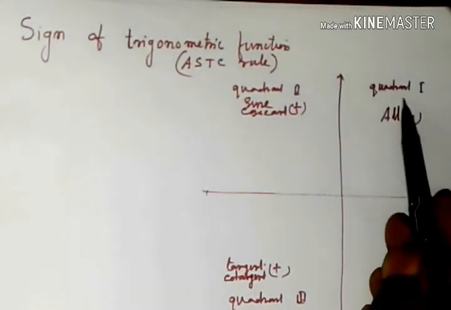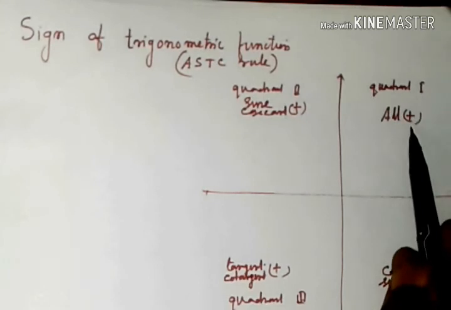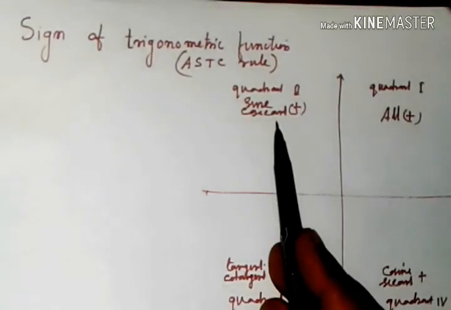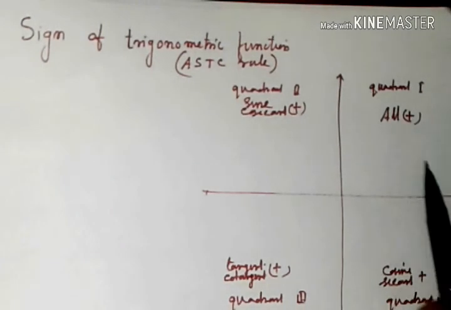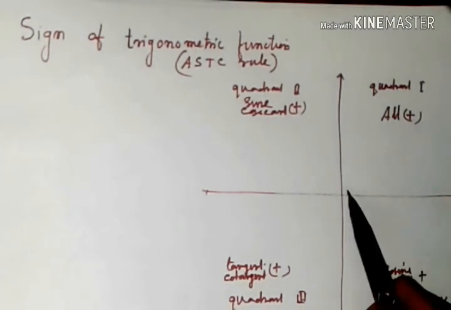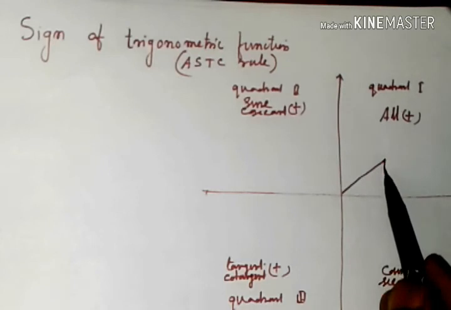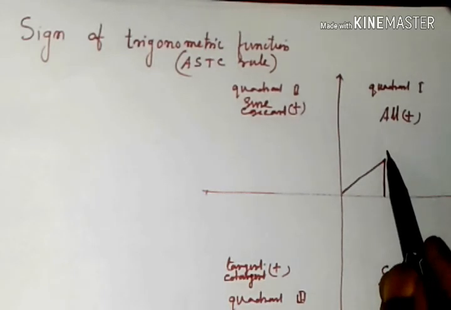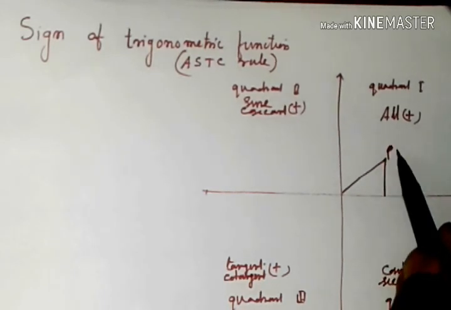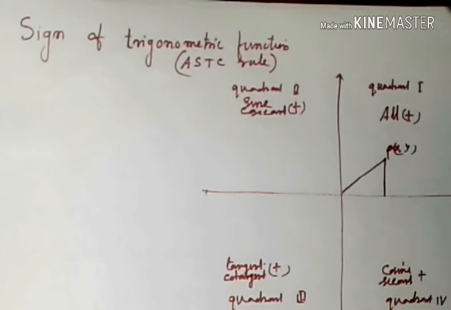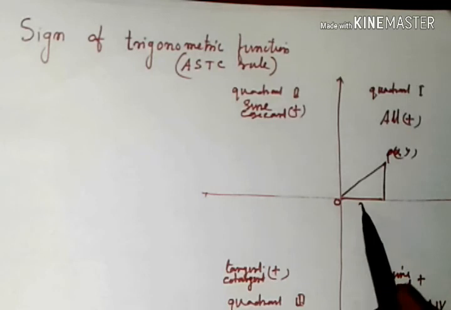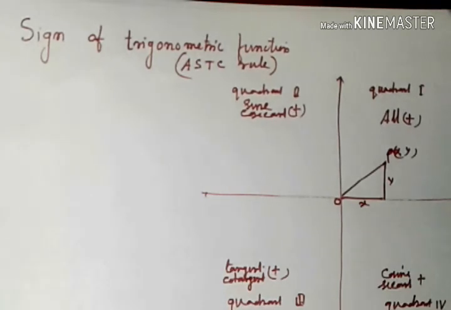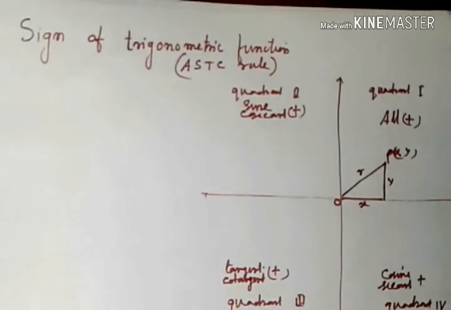Now, why in the first quadrant all are positive and why in the second quadrant sine and cosecant are positive? We shall discuss about this. In the first quadrant, let's take a point P. Let P be (x, y). This is x, this is y, let's say this is r.